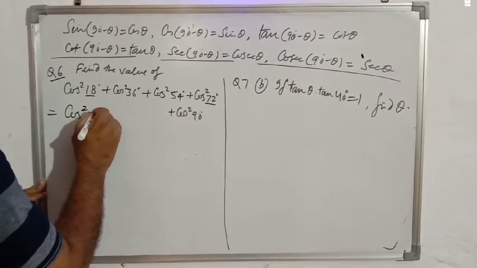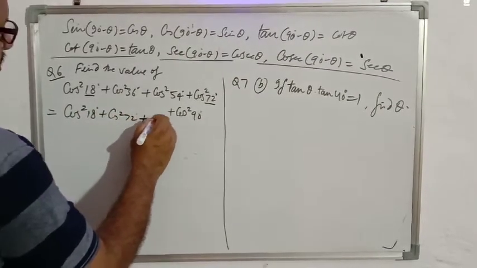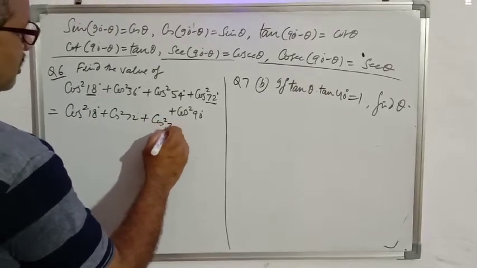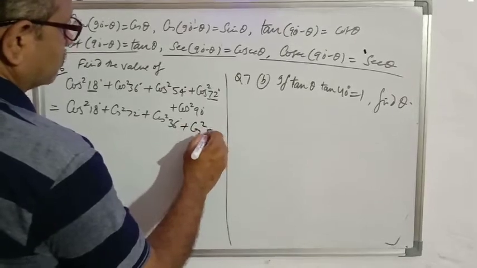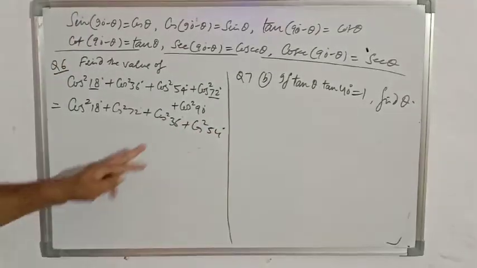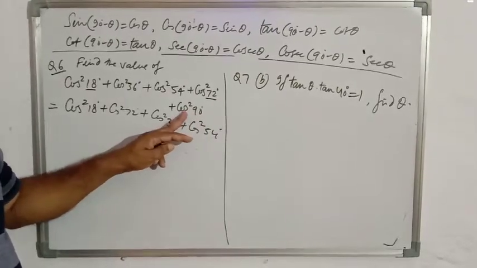Cos square 18 plus cos square 72 plus cos square 36 plus cos square 54. And what is the value of cos 90? See the table of standard angles.